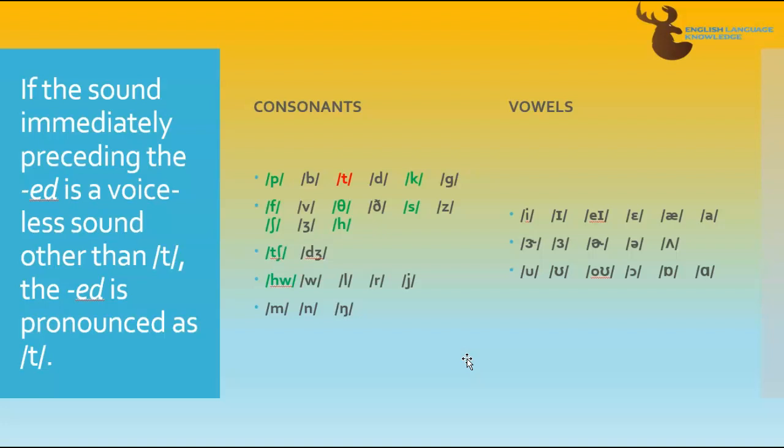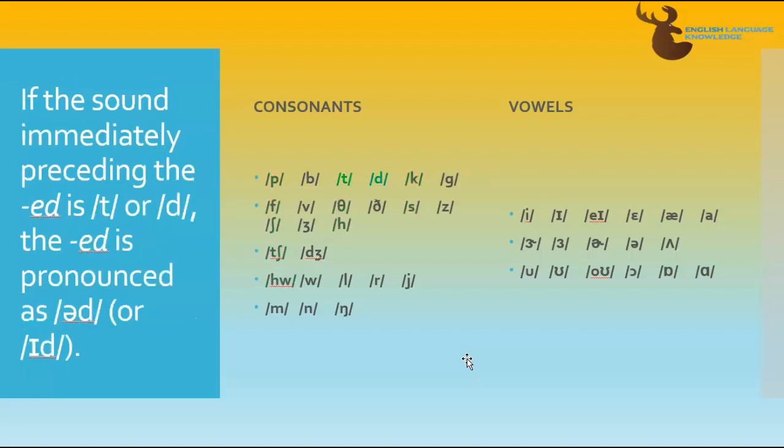Notice that the sound t is in red, because remember that t is also a voiceless sound, but the rule that applies when t precedes the ed is different. It's actually the next one that we're going to see.